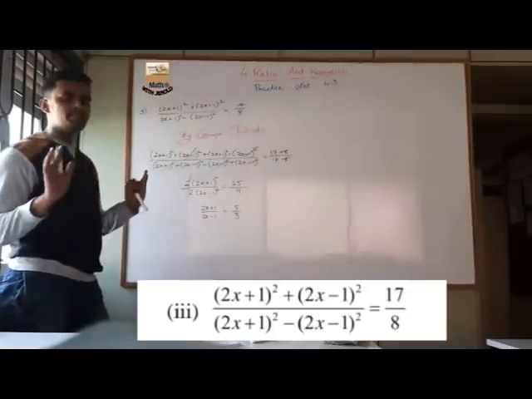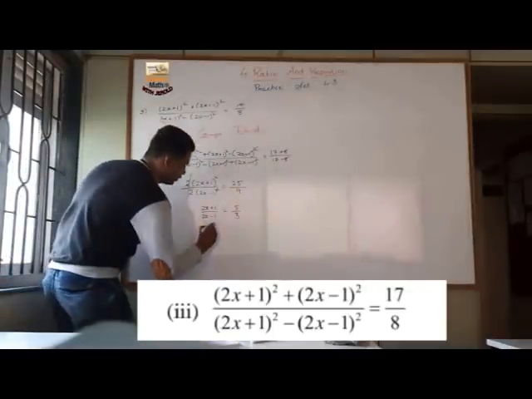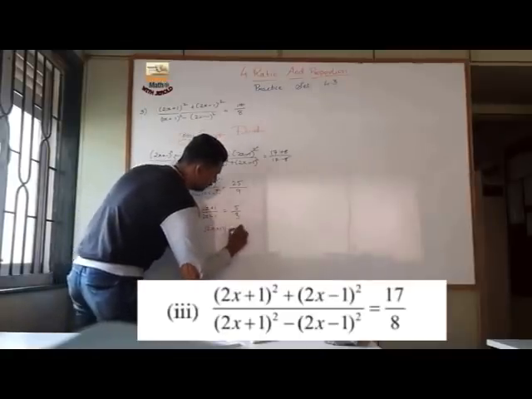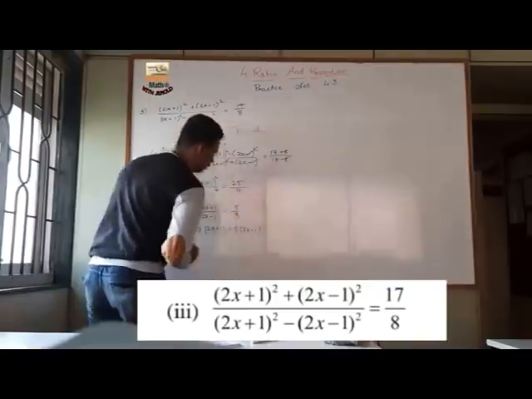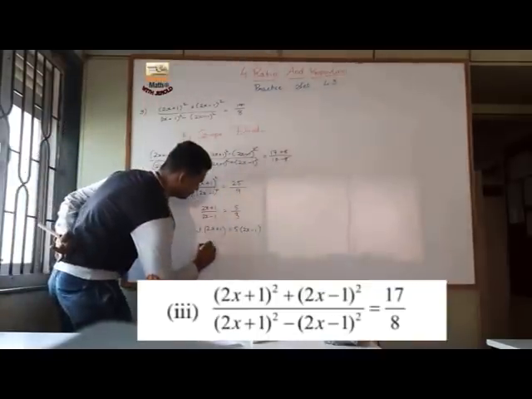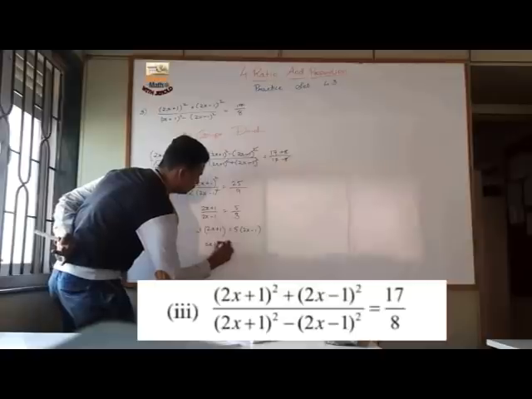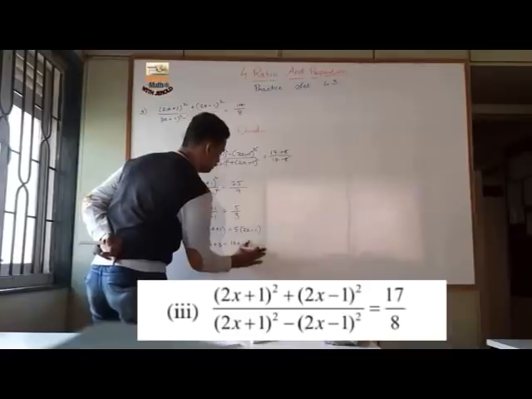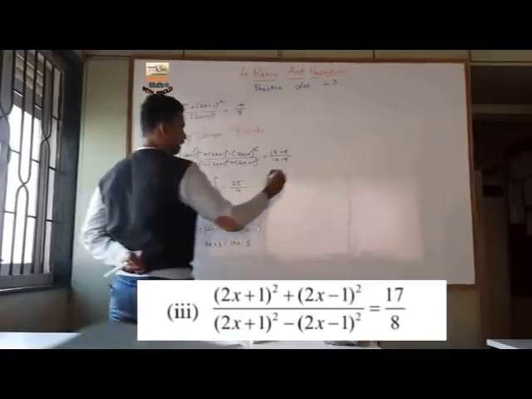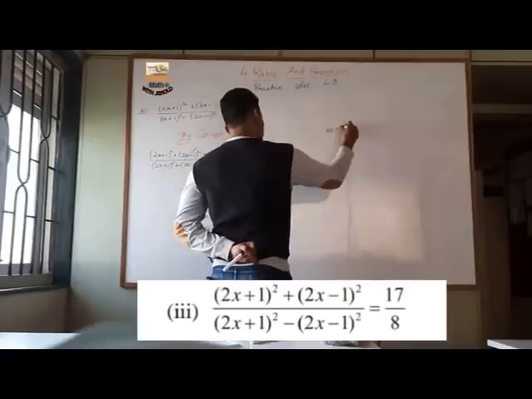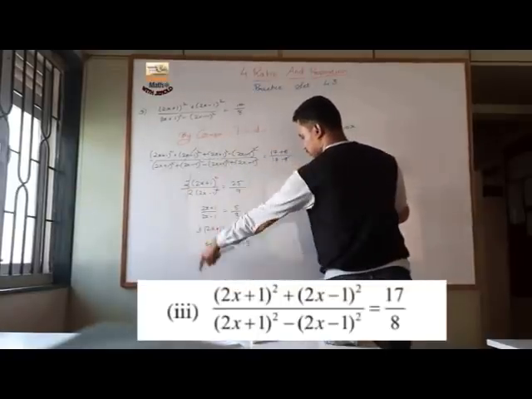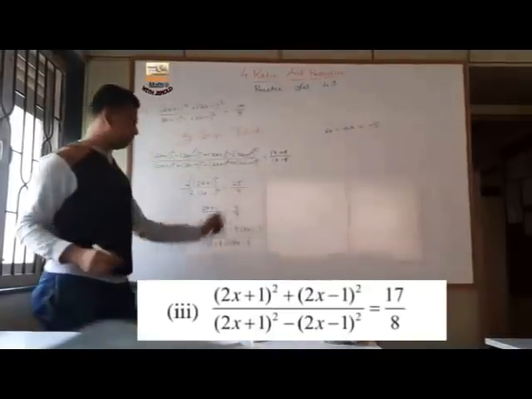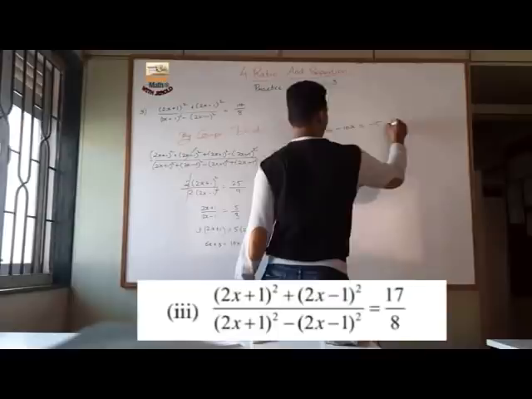Now I brought everything in simple form, just a simple cross multiplication. 2x plus 1 will be multiplied by 3 and 5 is multiplied by 2x minus 1. 6x plus 3 is equal to 10x minus 5. 10x goes to the other side, so 6x minus 10x is equal to minus 5, which is already here, and 3 will go on this side, so it will be minus 3.